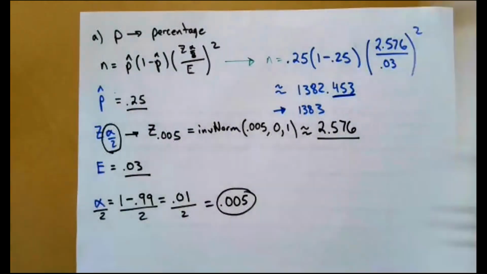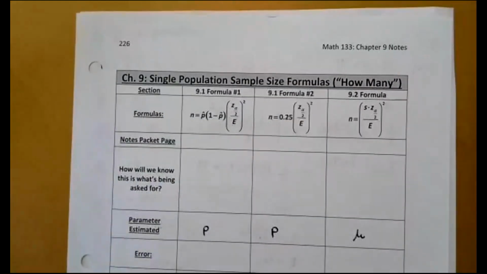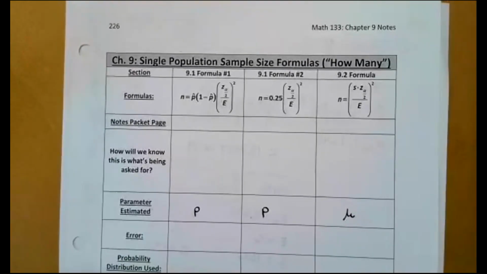Okay, so we have to look at this formula. And we're wanting to increase the sample size by, what are we trying to change? The margin of error, by a factor of 1/6.